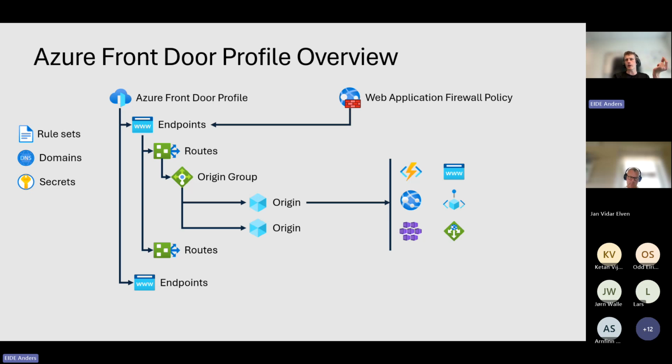Another nice thing with Front Door is that when you bring a domain, you can also make Front Door authoritative for certificates, so you don't need to bring your own certificate. You can just use the certificate given by Front Door, which simplifies things a lot.